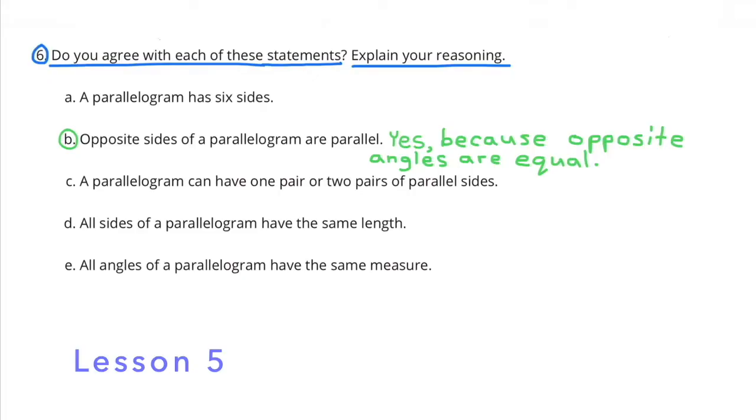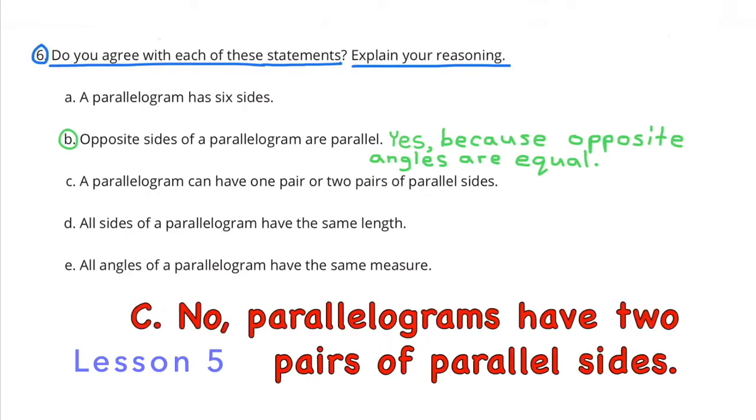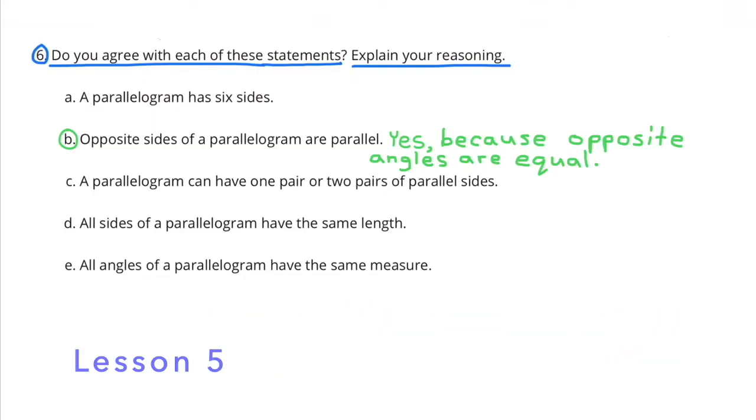C. A parallelogram can have one pair or two pairs of parallel sides. No, parallelograms have two pairs of parallel sides. D. All sides of a parallelogram have the same length.